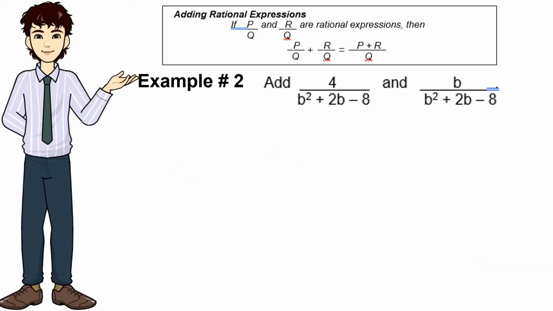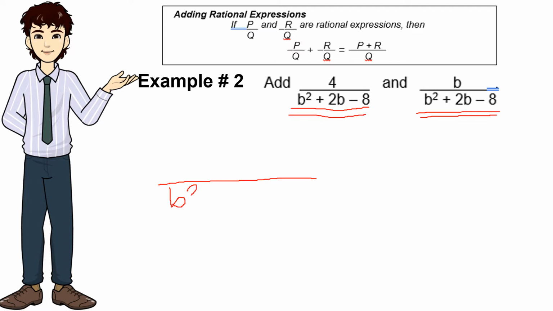So let's have an example number 2. Add 4 over b squared plus 2b minus 8 and b over b squared plus 2b minus 8. So tingnan nyo muna ang ating denominator. Observe natin mabuti. Same ba yung ating denominator? Then the answer is yes. So if our denominator is equal to each other, pwede na natin kopyahin yung denominator.